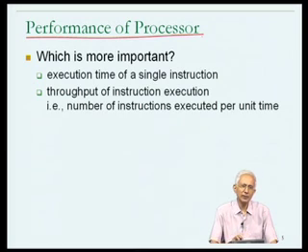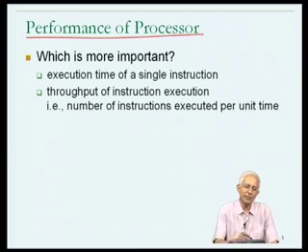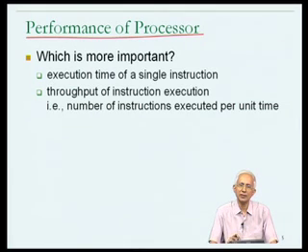If you think about it, these two are distinct objectives. If my objective is to reduce the execution time of a single instruction, I would try to optimize the hardware for instruction fetch, instruction decode, and so on, and then put them all together to get the minimum possible time for executing each instruction.